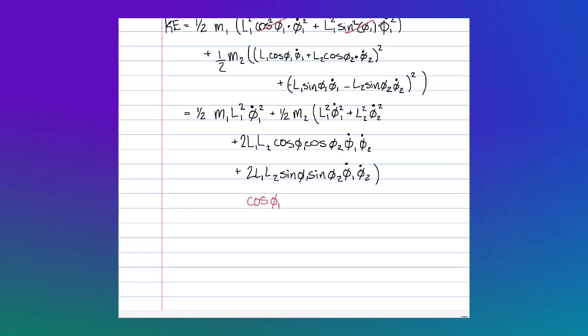Now using a familiar trigonometric identity, cosine theta cosine phi plus sine theta sine phi equals cosine of theta minus phi, we can now simplify those cross terms into a single term.